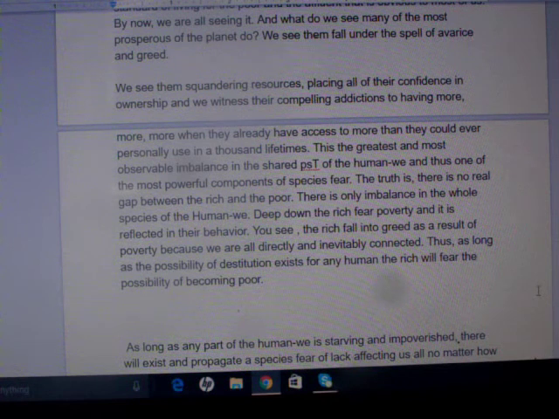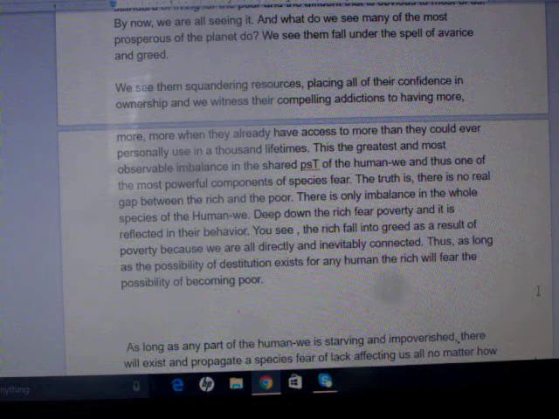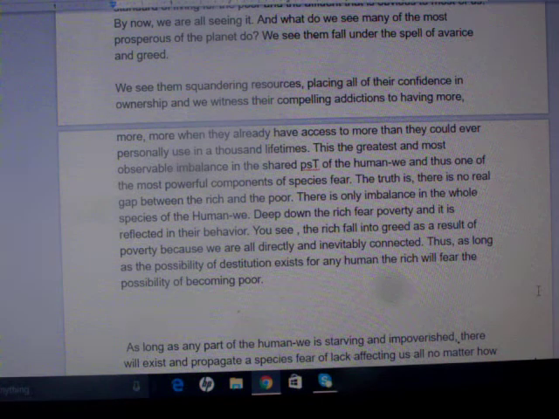The truth is, there is no real gap between the rich and the poor. There is only imbalance in the whole species of the human we. Deep down, the rich fear poverty, and it is reflected in their behavior. You see, the rich fall into greed as a result of poverty, because we are all directly and inevitably connected.